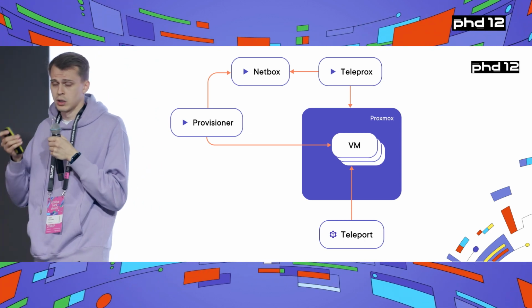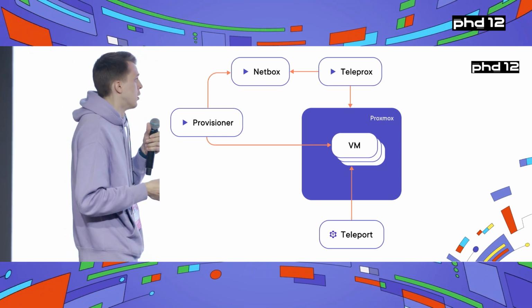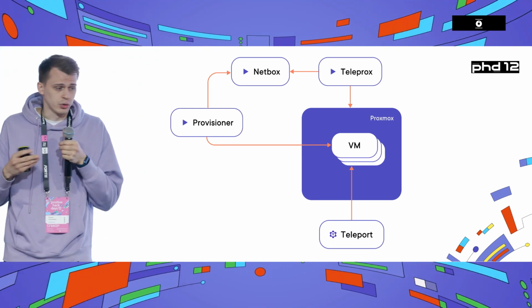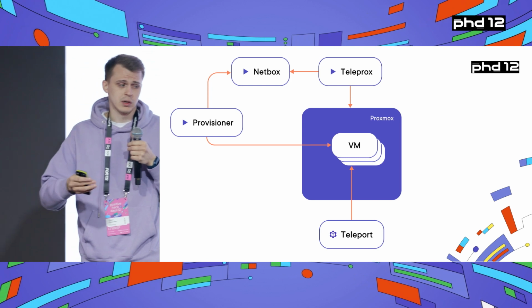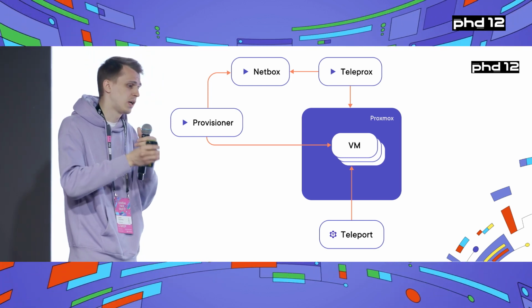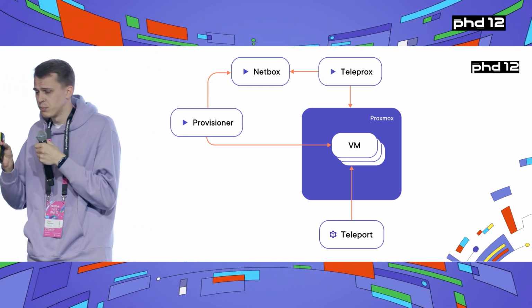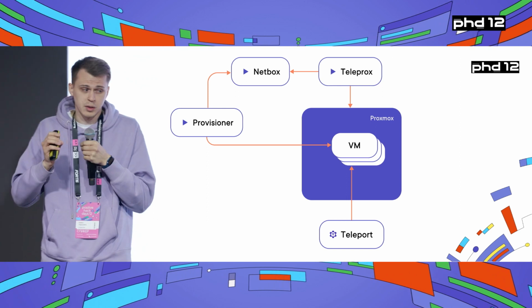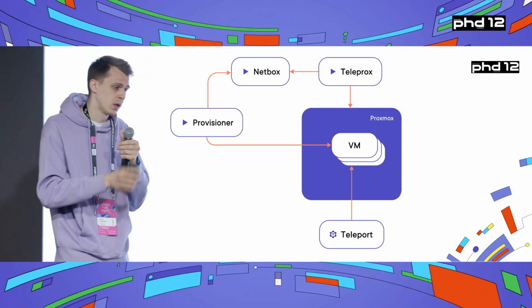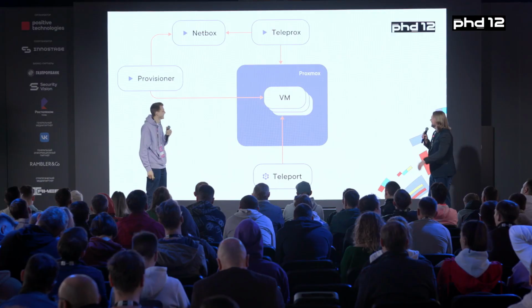There we have all the information about hosts, including the tags the hosts should have. So when a machine is created, the provisioner goes to NetBox, takes all the tags, goes to Proxmox, creates the machine, and when the Teleport agent is launched, all the tags are attached. So the machine connects to Teleport with the tags required.